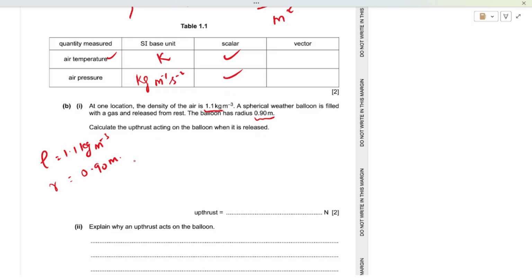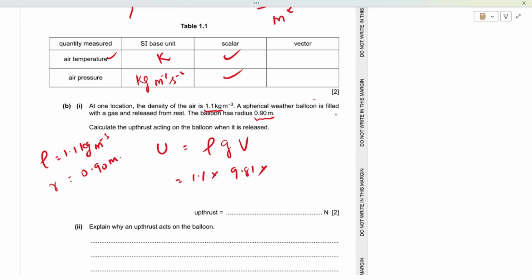We know the upthrust formula: upthrust is equal to the density times the acceleration due to gravity times the volume of the sphere, since it is a spherical weather balloon. The density is 1.1, times the acceleration due to gravity, 9.81, times the volume.